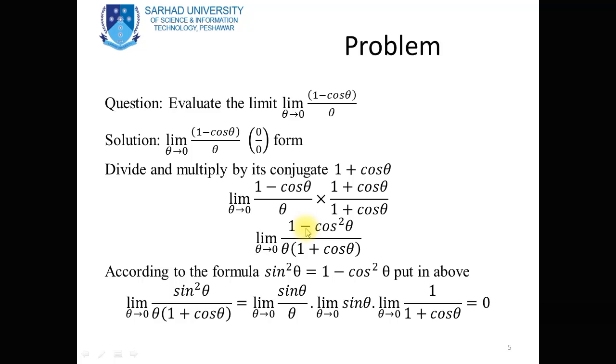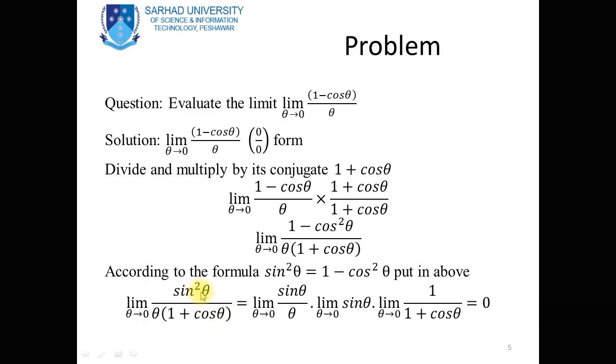Now, dear students, according to the trigonometric identity, we know that sine square theta plus cos square theta is equal to 1. So we obtain sine square theta is equal to 1 minus cos square theta. So putting in this expression 1 minus cos square theta is equal to sine square theta, we obtain limit theta tends to 0, sine square theta divided by theta into 1 plus cos theta.